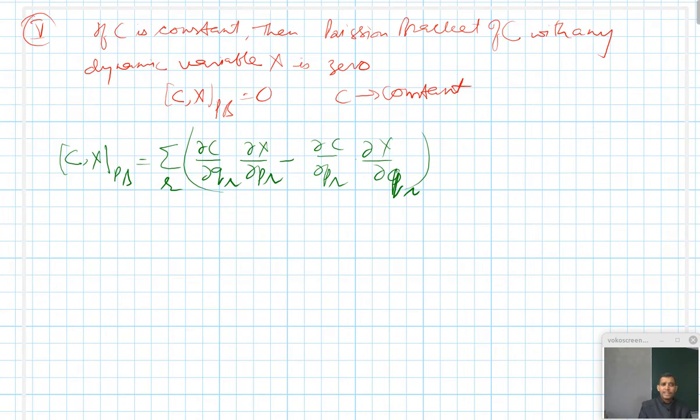As I know that this C is a constant and its derivative will always be 0, this makes this whole thing equal to 0, right? So thus we can prove that this is equal to 0.